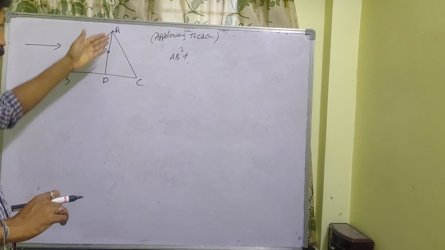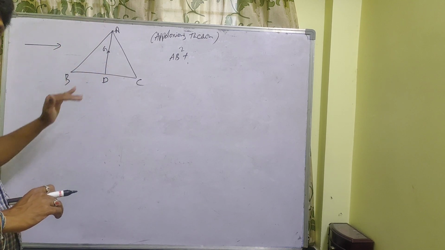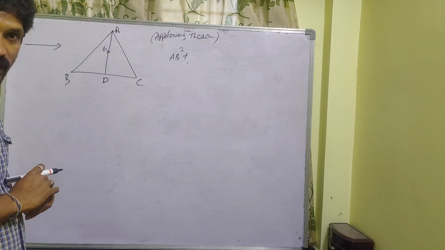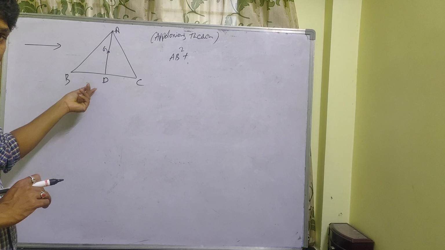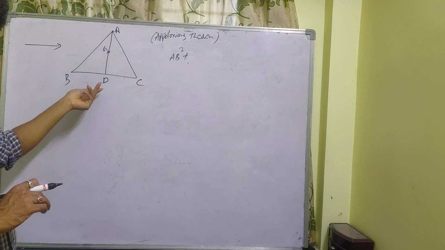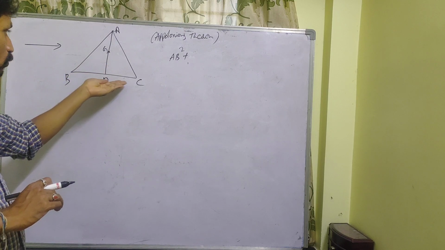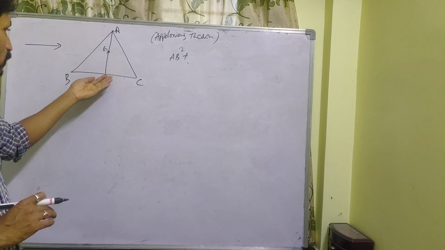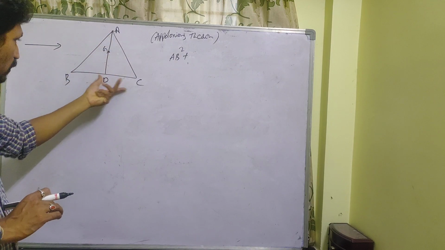Okay, once again, sum of the squares of any two sides is equal to 2 times the square of half of the third side plus 2 times the square of the median to the third side. This is the median through the third side. This is the third side.